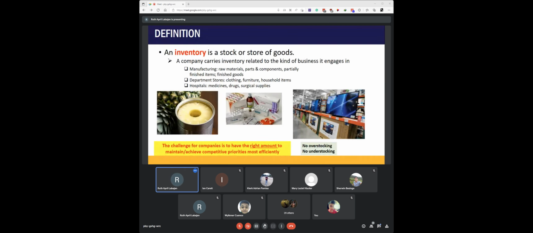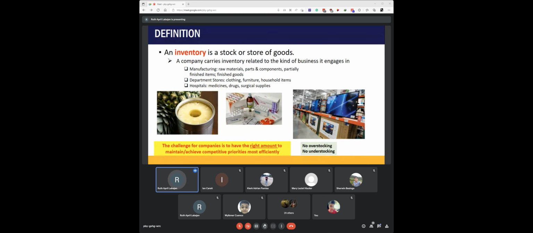Okay, because with understocking, it means you don't have the necessary amount of materials to provide what the customer needs. For instance, if you go to, let's say, a department store and you are looking for a particular item, but that particular item is not available, it means to say that there is understocking of inventory in that particular store.